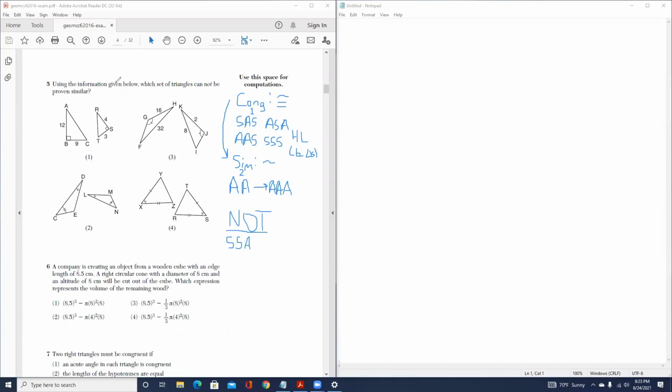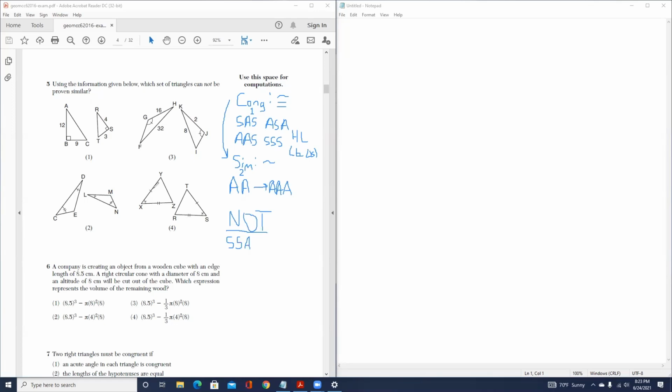So we can eliminate choice 3, or rather we can uneliminate choice 3 because we can't use this information alone to prove the triangles are similar. And that leaves us with choice 4. That is another side angle side.